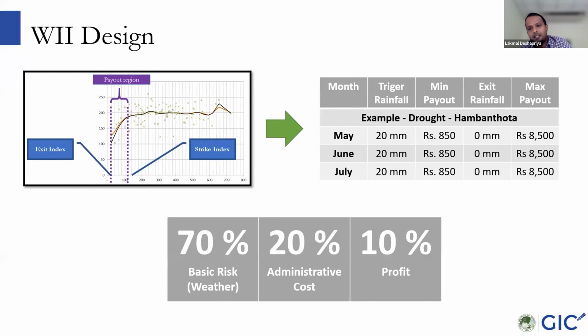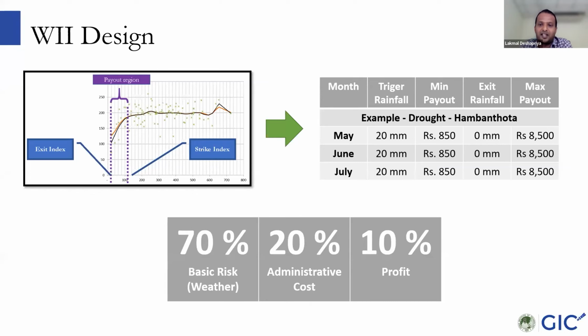So how do we design weather index insurance? Usually we collect historical weather data and yield data, and try to establish some sort of relationship between historical yield data and weather data. And after that, they come up with the payout scheme. So in this example, this is for drought, and in the month of May, if the rain goes down to 20 millimeters, that means drought, right?